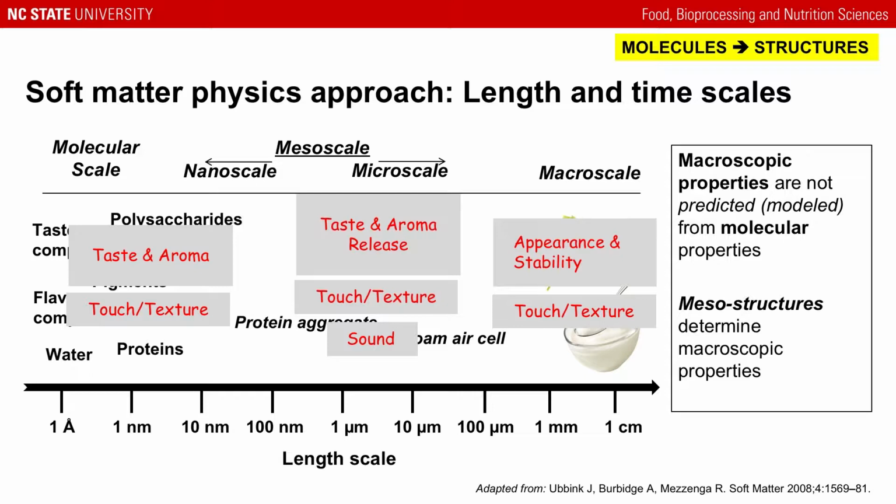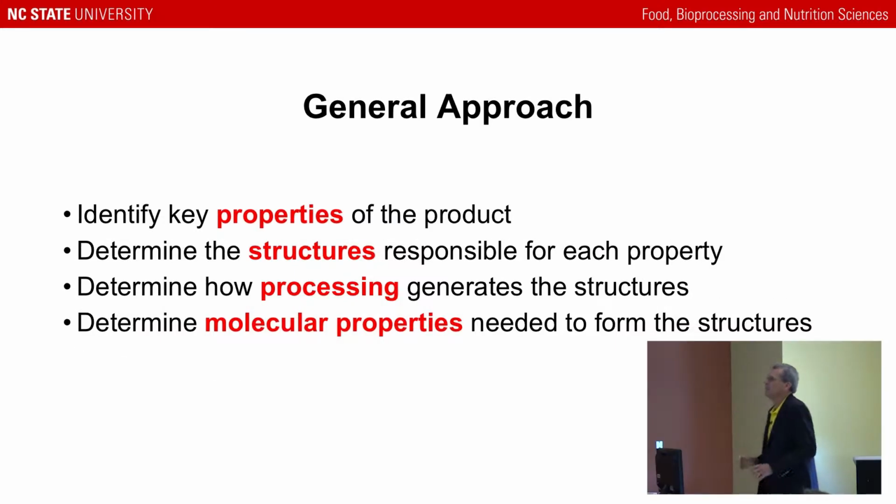What's good about that is that it says if we generate a structure, again, from either ground up crickets or a nice plant source that gives us the same structure, it should be able, in theory, to produce the same outcome. Okay. General approach: identify properties, determine structures responsible, determine how to process it, determine molecular properties needed to form the structure. So kind of going in this entire circle. Okay.